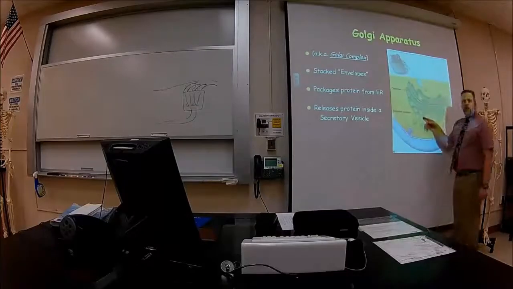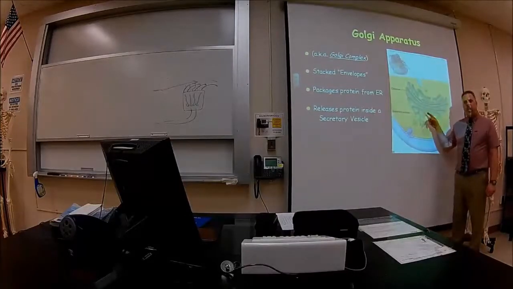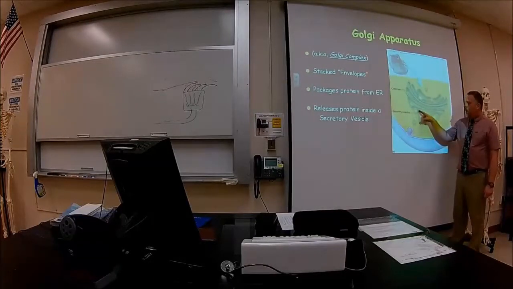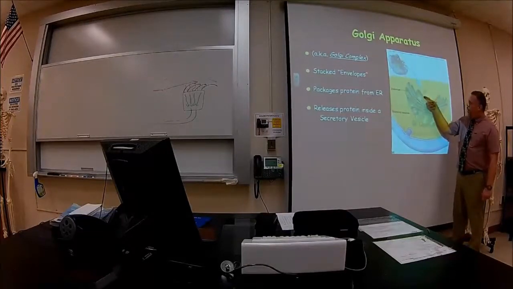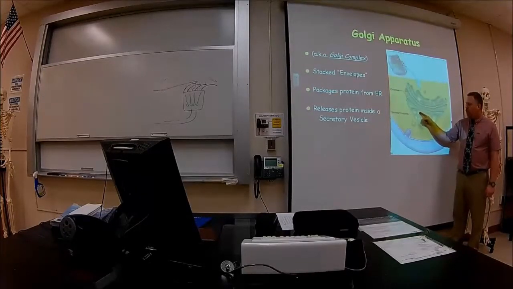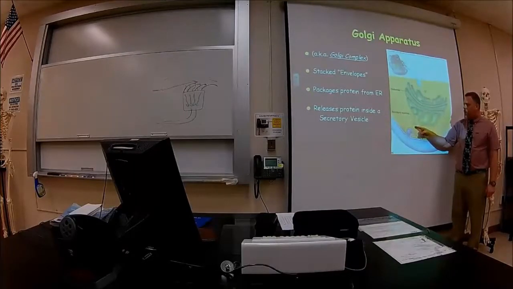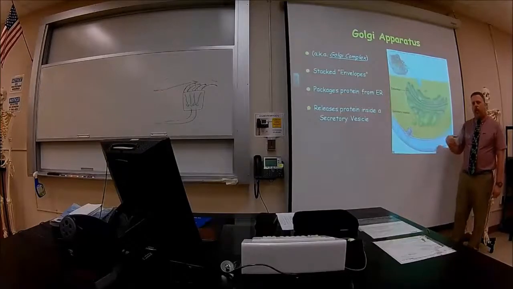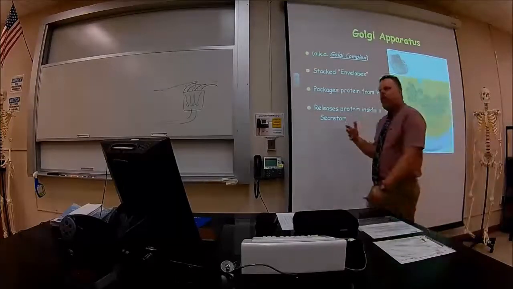And when it does this, the fate of that protein could be a few different things. Okay? It starts off over here, goes to this envelope, that envelope, that envelope. It modifies that protein to what it needs to do until it pinches off the last one, and now it's in what we call a vesicle. That protein is inside this vesicle. And the vesicle could be like 3 different things.